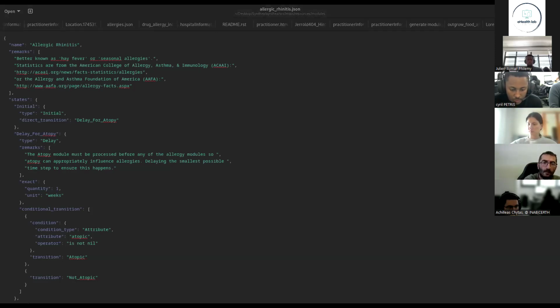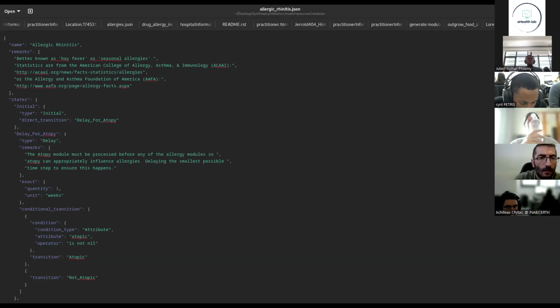So that's a JSON file that stores a module, and this module is named allergic rhinitis.